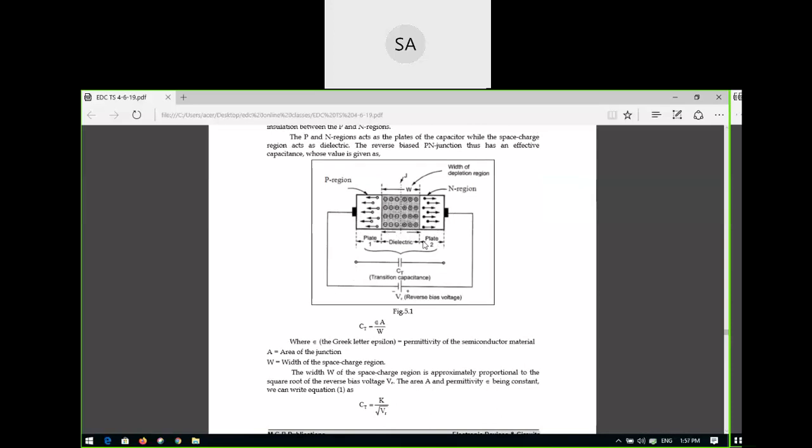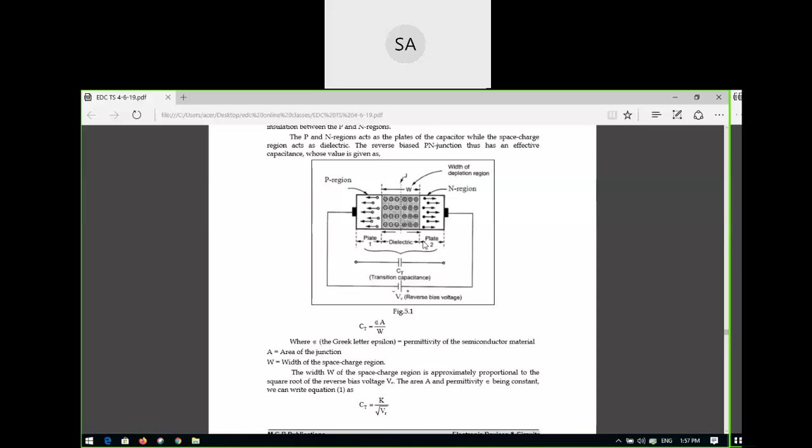But the varactor diode should be used in the reverse bias mode. That means you connect the P region to the negative of the battery and the N region to the positive. So the varactor diode is always connected in reverse bias mode.